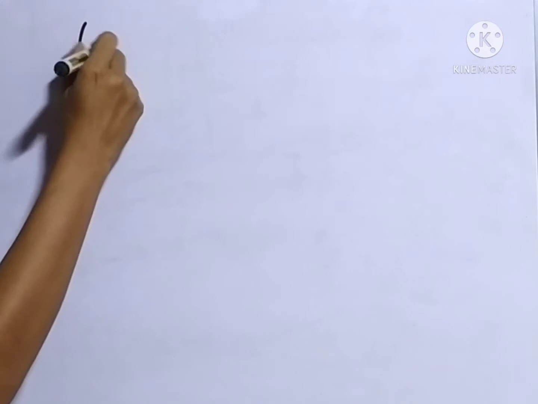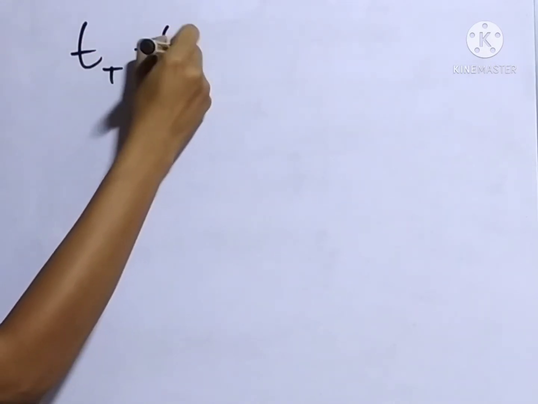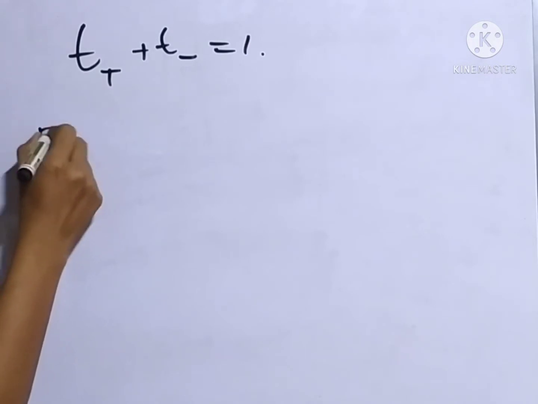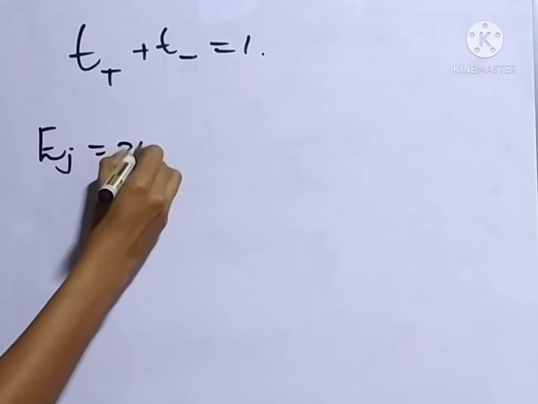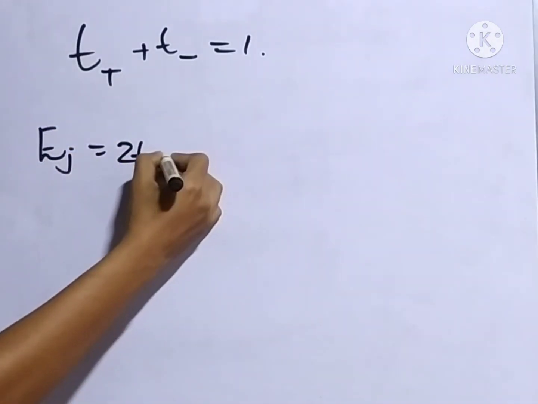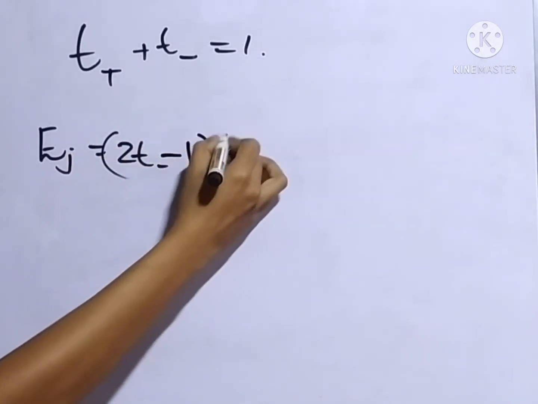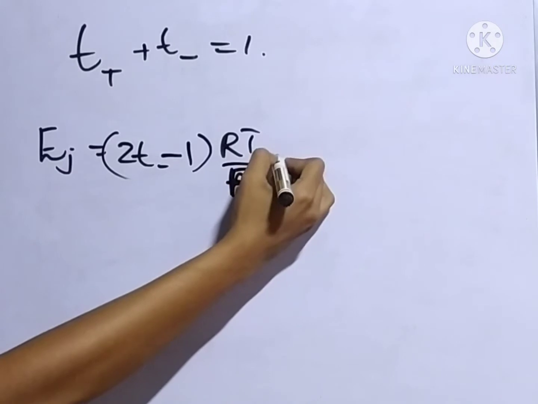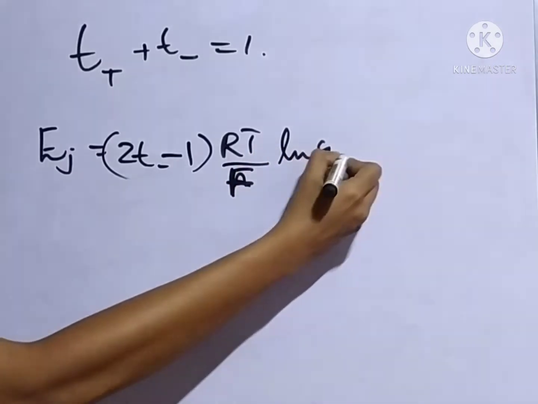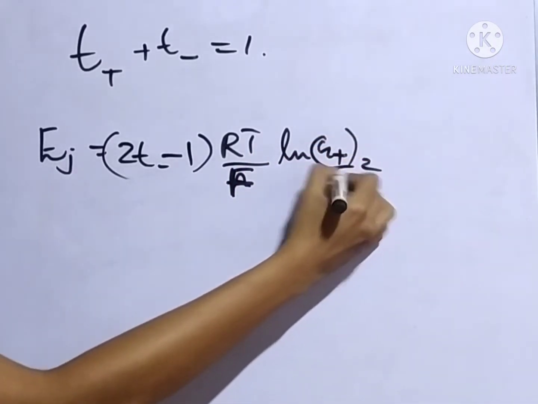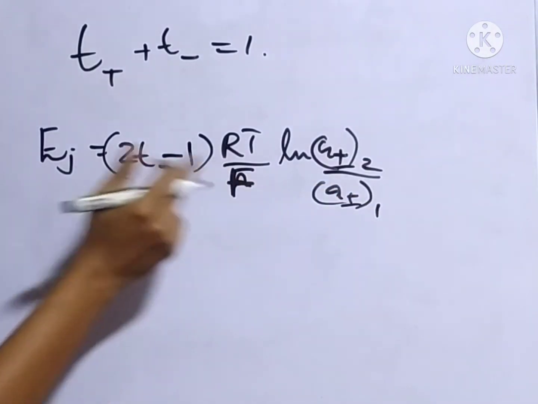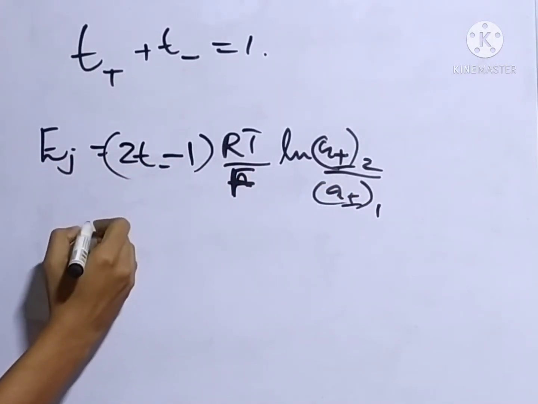We know t+ plus t− equals 1. Right. So the equation E_J equals (2t − 1) RT/F ln(a±2/a±1) can be written like this.